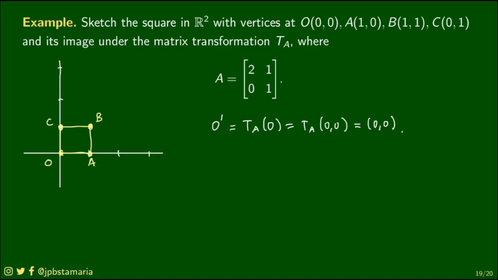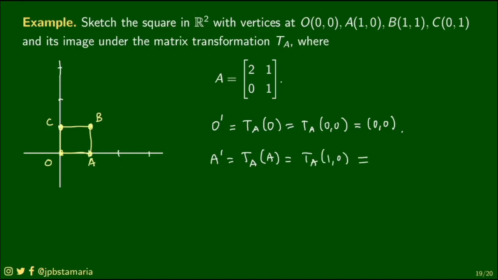Now what would be the image of A? Oh my gosh, so we use the symbol A for the vertex and A as well. So let us just think of this A as an A different from this A, okay? So basically, we are looking at the image of 1, 0.